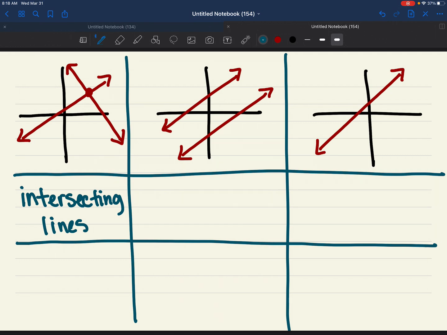Like if it says graph y equals 3x plus 2, and the other equation also says graph y equals 3x plus 2, they're going to look like the exact same line. So we have intersecting lines, parallel lines, and then the same line.